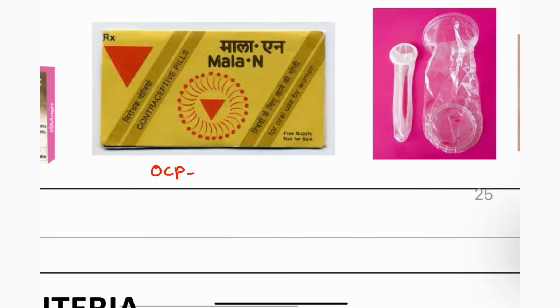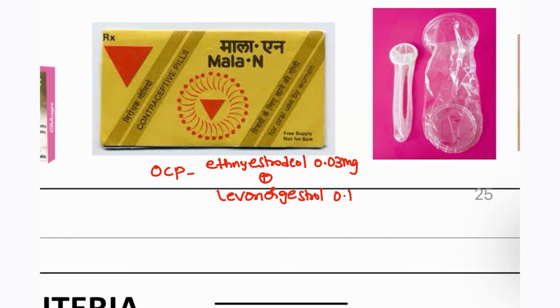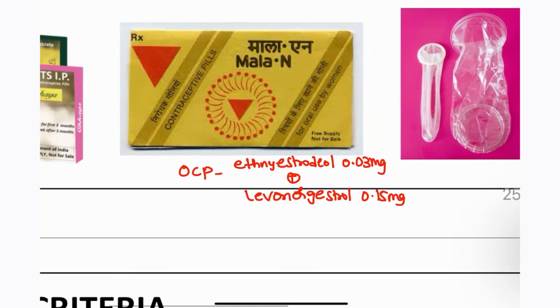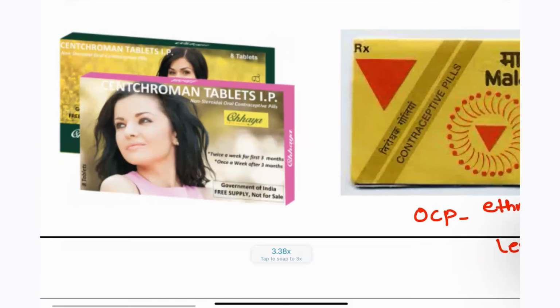What contents are present in OCP? It contains ethinyl estradiol 0.03 mg, along with levonorgestrel 0.15 mg, in oral contraceptive pills.